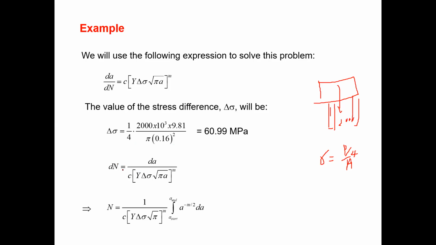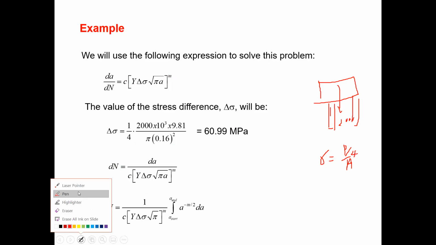And then you can substitute here: the Y value they provide, C and M they provide. So this equation you can rearrange like this. If they provide this equation, you need to rearrange it like this. So then the N value, we need the number of cycles to 75 millimeter. We already discussed how we can rearrange this one.